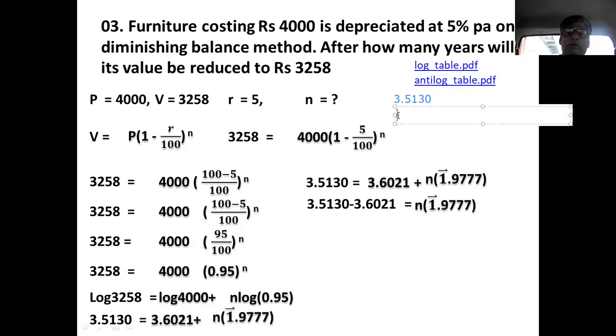Then second number is 3.6021. If you deduct, what is the number? First there is 9.